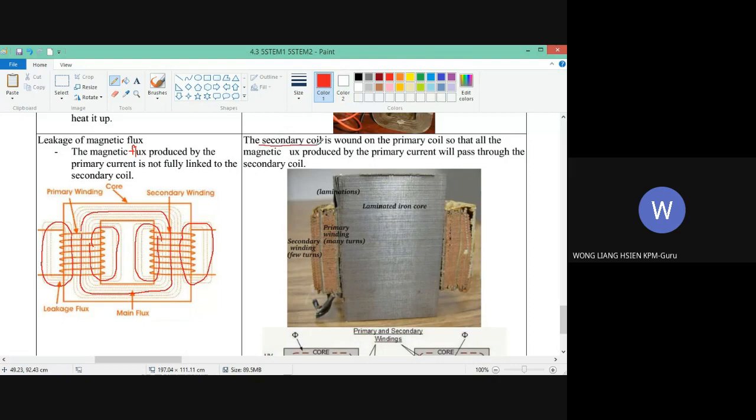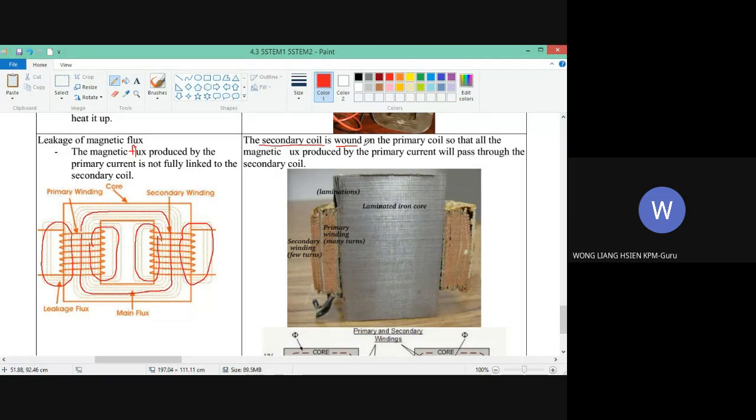The secondary coil is wound. I know the spelling is the same, but it's pronounced differently when you mean a different meaning. If you pronounce it as wound, it means a wound, an injury.